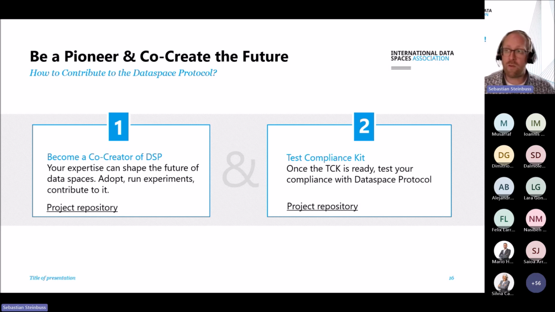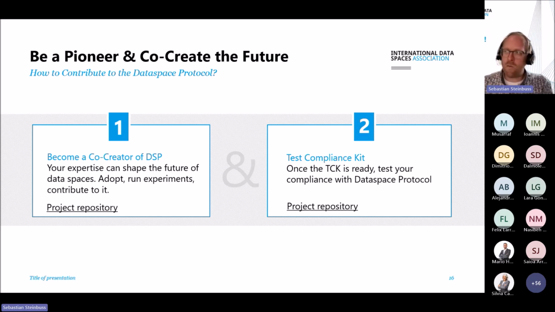Feel free to join us and become a co-creator of the Dataspace protocol. We warmly invite you to check the specification document and see if there are things that need to be changed, that need to be adapted, that need to be moved forward. I mean, we have at the moment 3 core protocols in the Dataspace protocol. Maybe we are missing a 4th one, an observability protocol, for example, which is at the moment under discussion.